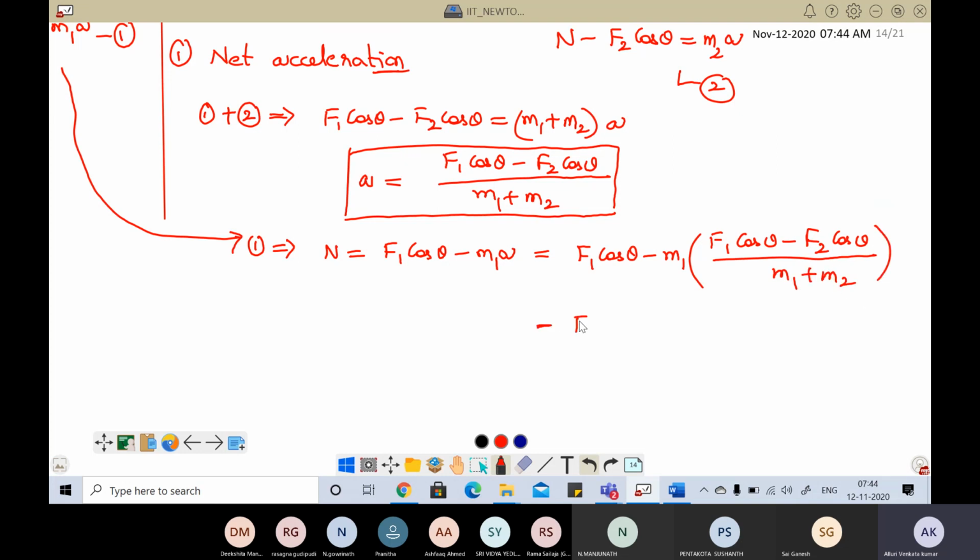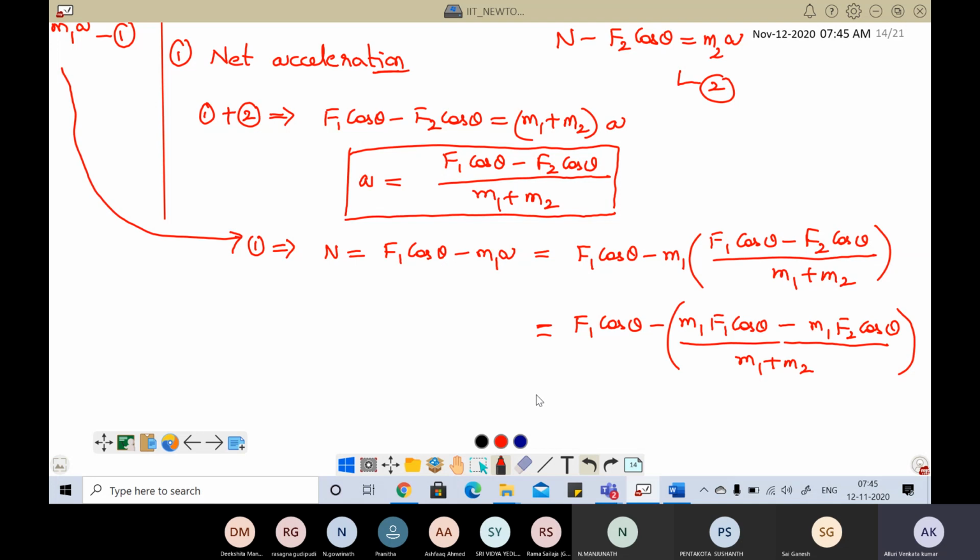So that is equal to F1 cos theta minus, now you just have to take LCM, M1 F1 cos theta minus M1 F2 cos theta divided by M1 plus M2. I just sent M1 inside, that's all.